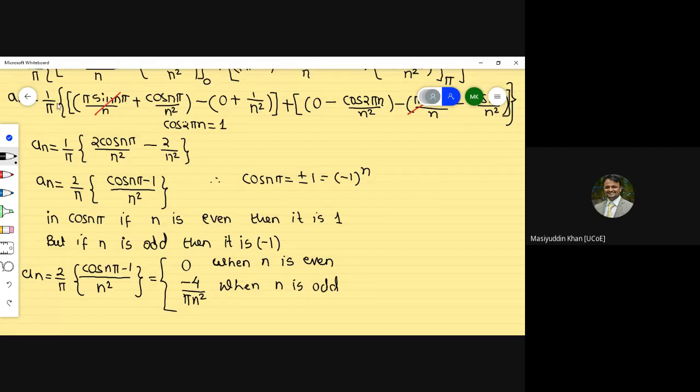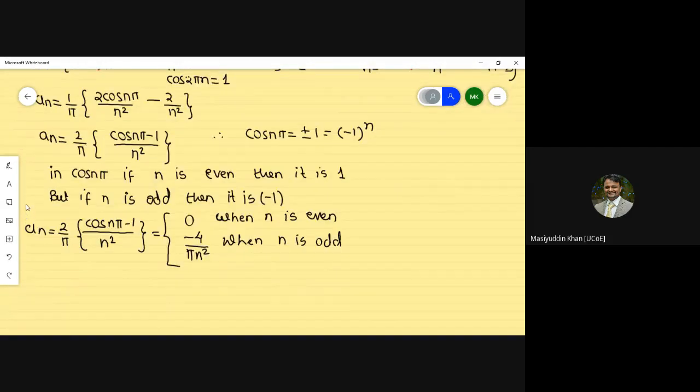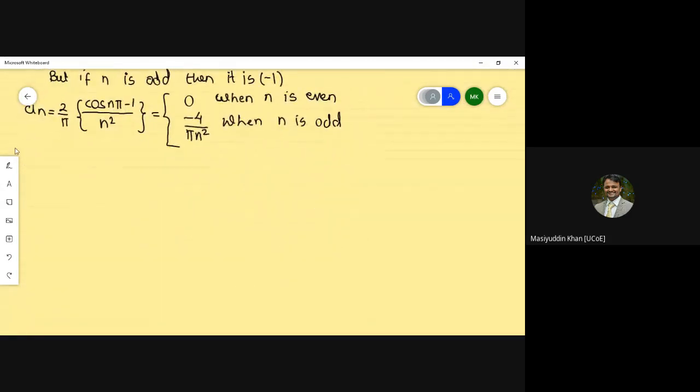Now b_n we have to calculate. So I'm writing here that a_n is equal to minus 4 upon pi n square.